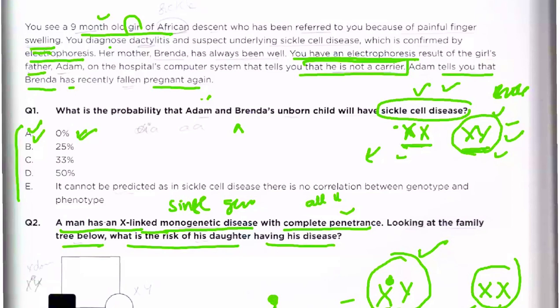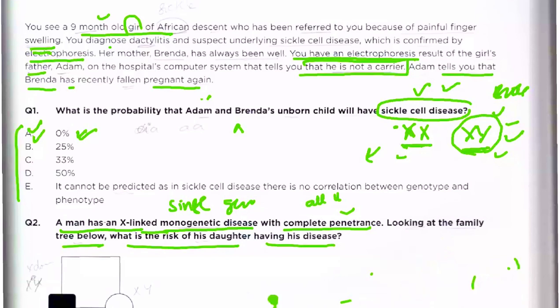So if the gene is dominant, every girl of this father will be 100% diseased. Yes, all girls will be defective, 100%. All boys will be normal.